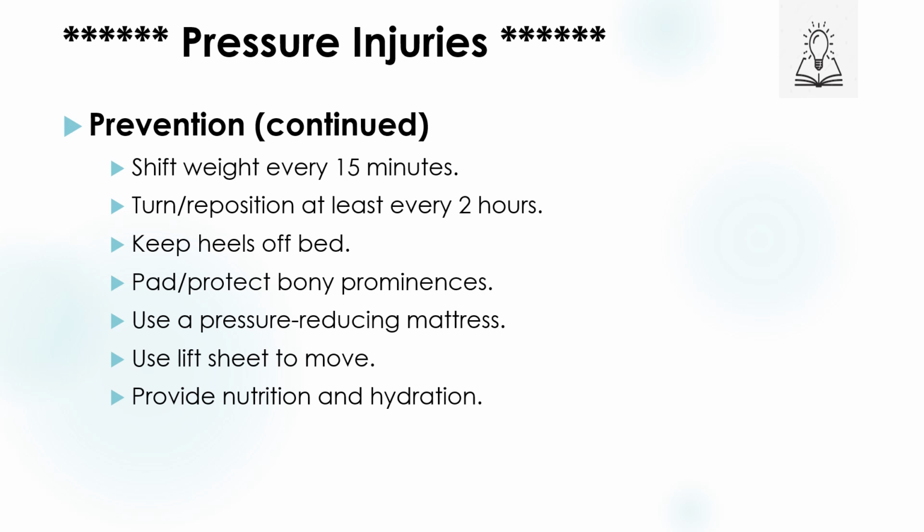A diet rich in protein helps support skin health and wound healing. Patients at risk for pressure injuries should consume a certain amount of protein per kilogram of body weight per day, such as 1.25 or 1.5 grams of protein per kilogram of body weight.